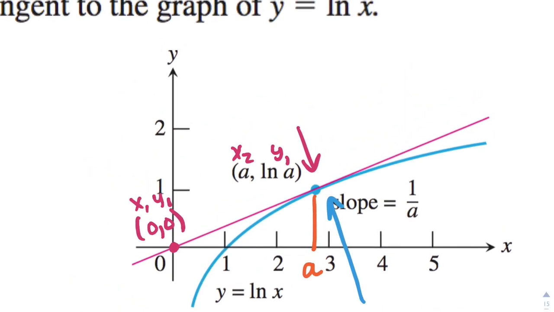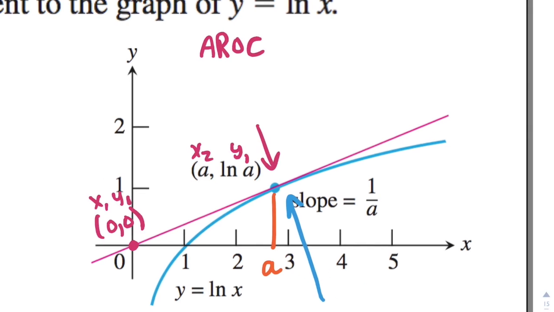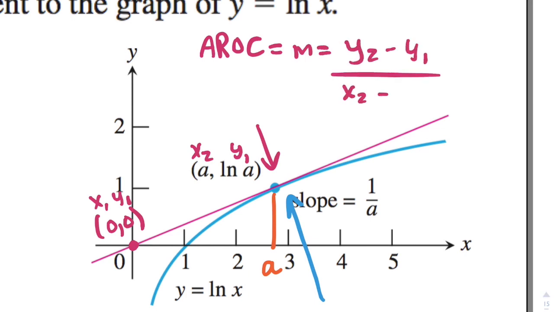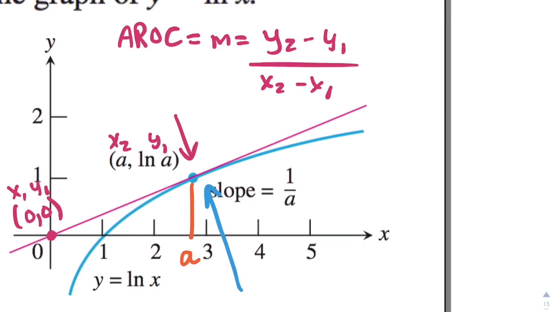So my old school method, my AROC, is going to be equal to the slope, which is equal to y2 minus y1 over x2 minus x1, which is equal to ln of a, take away 0, all over a minus 0.